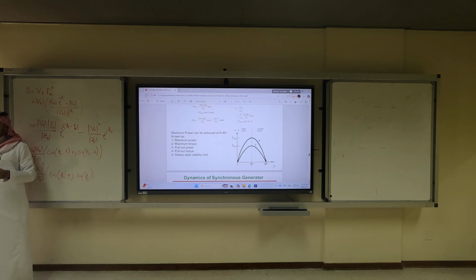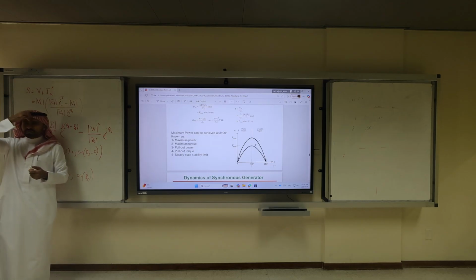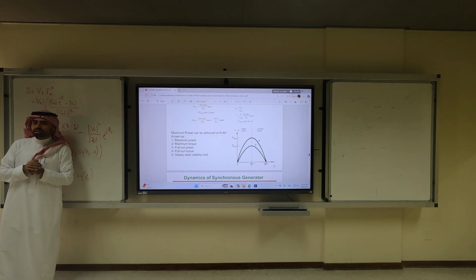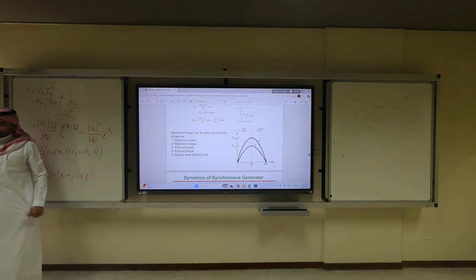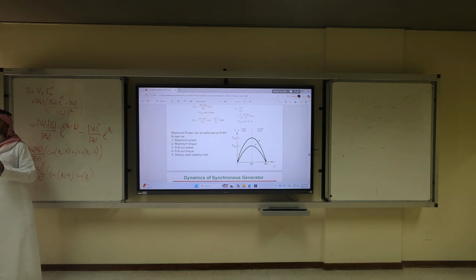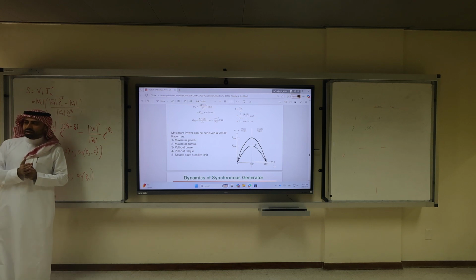Okay? In the EE 360 slides, there is a video of how a synchronous generator works. It has these rotating magnetic fields. Watch it to understand what I mean by the angle of the peak of the magnetic flux in the stator and the angle of the peak of the magnetic flux of the rotor.